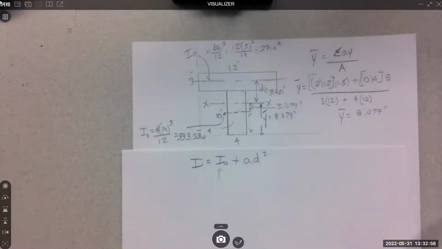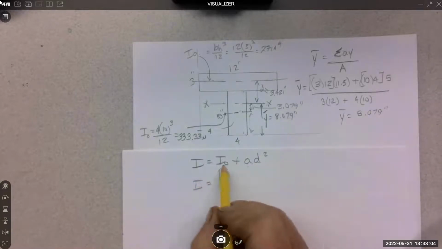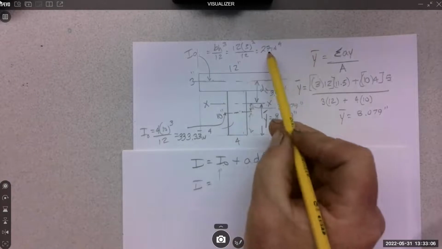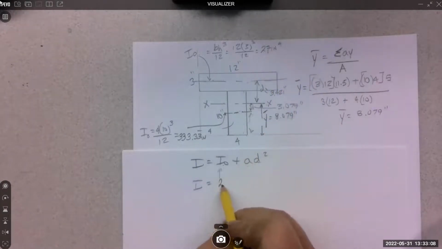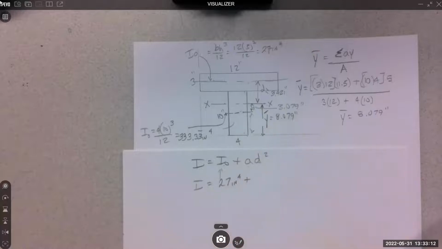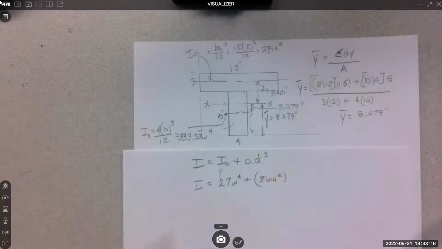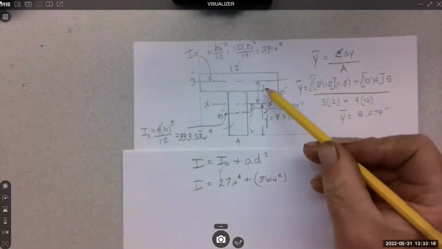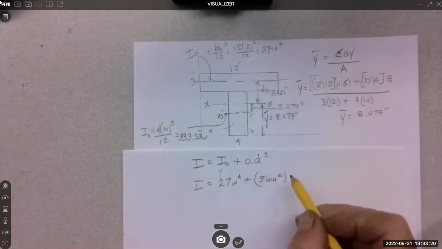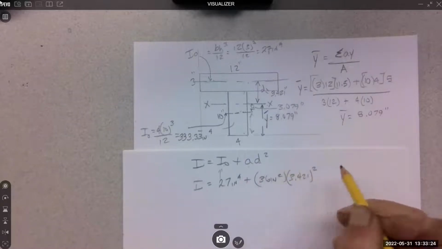So now I can start transferring these inertias. I'll do the top one first. That was 27 for the inertia about its own axis, and its area was 36. And then its transfer distance up here is 3.421. And you cannot forget to square it.